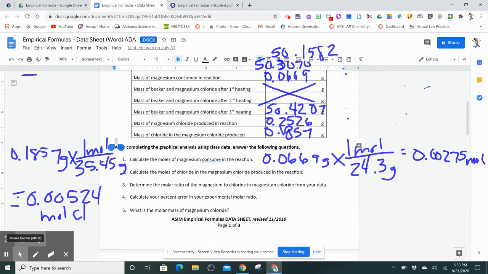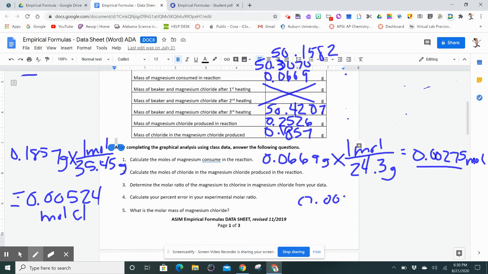Okay, and then to determine the mole ratio, all I'm going to do is take the smallest of those two numbers and divide it into both numbers. So the smallest is going to be this one. I'm going to divide it into both of these mole numbers. So 0.00275 divided by 0.00275 divides out as 1.